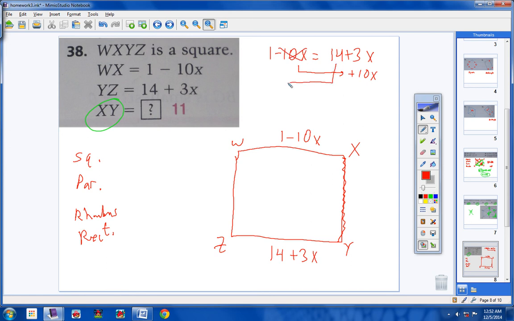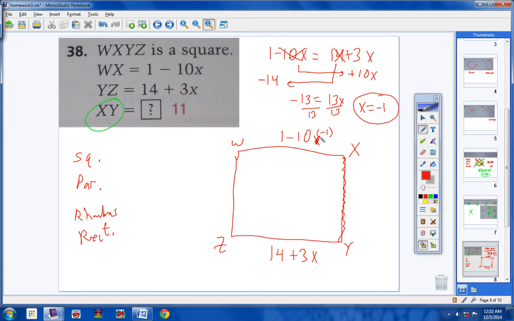I'm going to bring this 14 over and make it a negative 14. And now it's gone. So here's what I have left. 1 minus 14 is a negative 13. 3 plus 10 is 13. Divide both sides by 13. And x equals negative 1. So put a negative 1 right here for x.